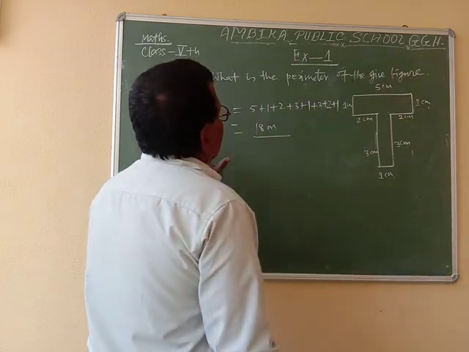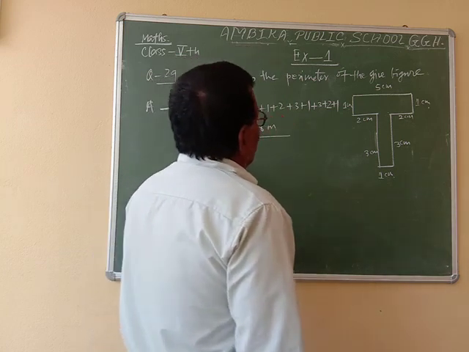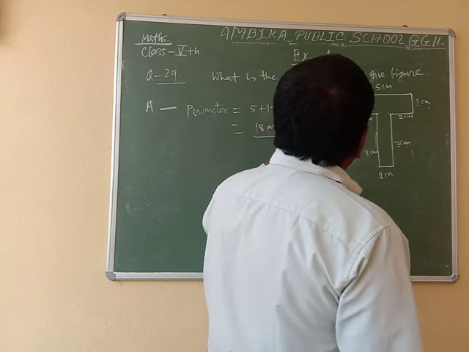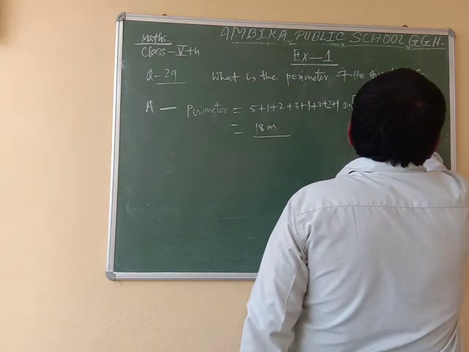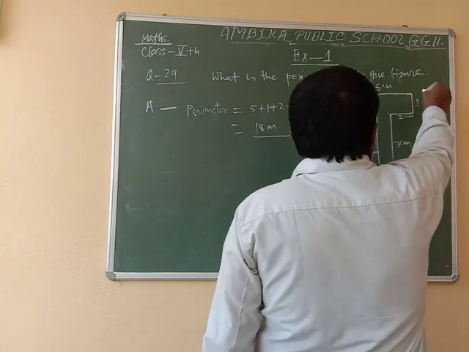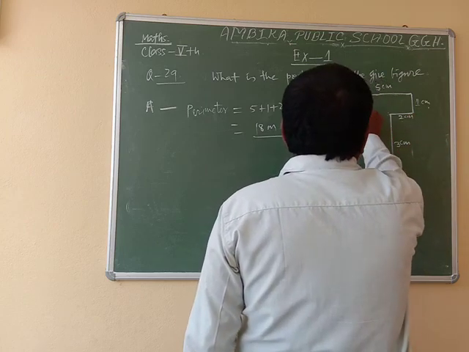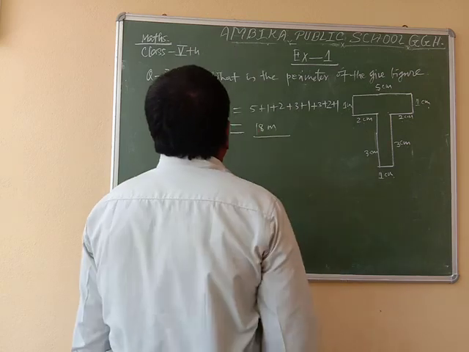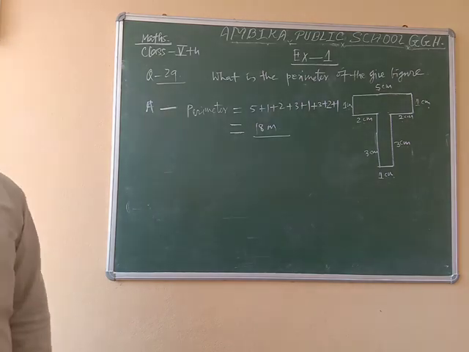We add the sum of the length of its all sides. Total sum is 18 meter, hence the perimeter of the figure will be 18 meter.